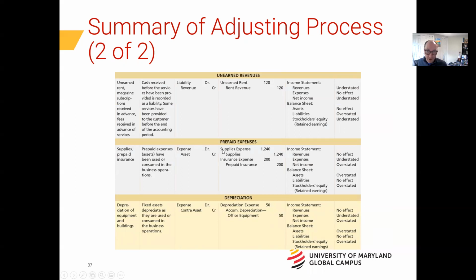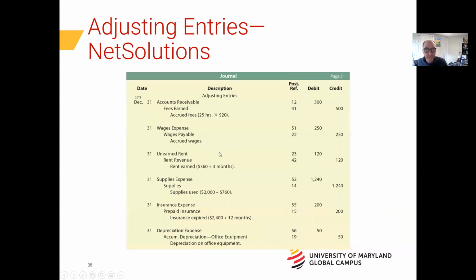This is a summary of all those that we talked about. Of course, these slides will also be posted as always. It's a recap of all of the adjusting entries that we made throughout the past couple of slides, and we made all these entries on the same day.